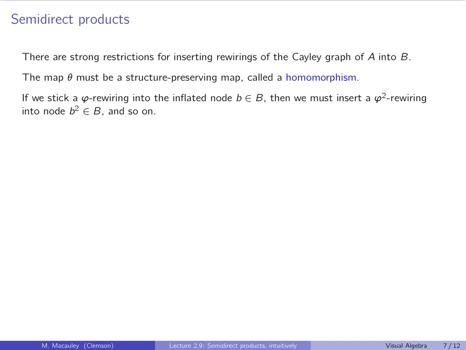If we stick a phi rewiring into an inflated node B, then we have to stick a phi squared rewiring into the node B squared, and so forth. So we have to stick a phi cubed rewiring into the node B cubed, and so forth. So for example, if we do that previous example with this being the identity rewiring, and this being the rewiring phi, then suppose that we tried that same construction, but with C3.